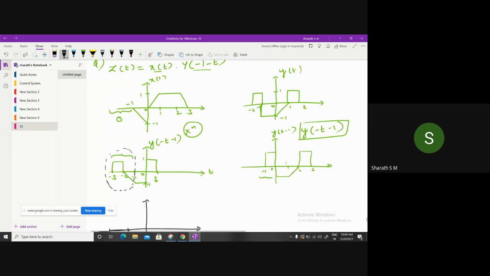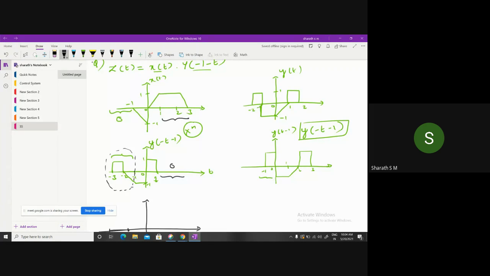Afterwards, from 1 to 3, we have a variation in the amplitude level. What is the signal from 1 to 3? Is it 0 or 1? 0. Anything multiplied with this becomes 0.